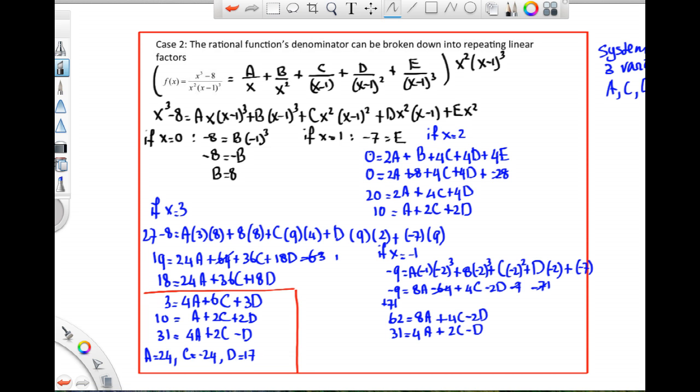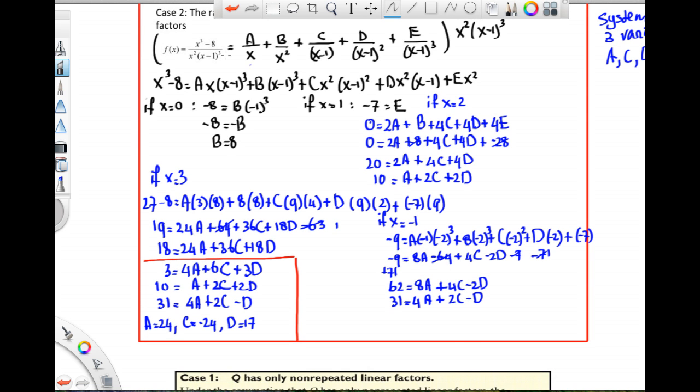So that means, finally, that I can write this monster with a over x. So the function can be broken down this way. It's a over x, right?